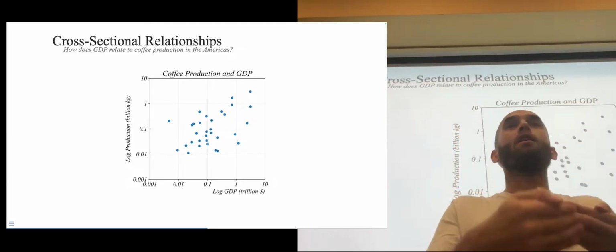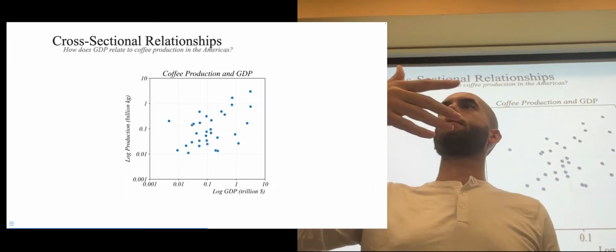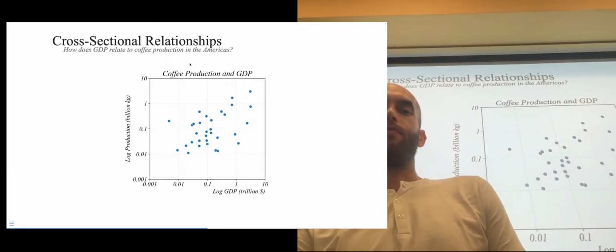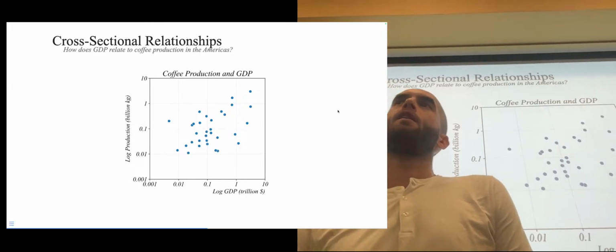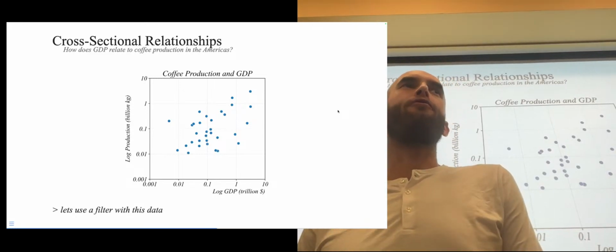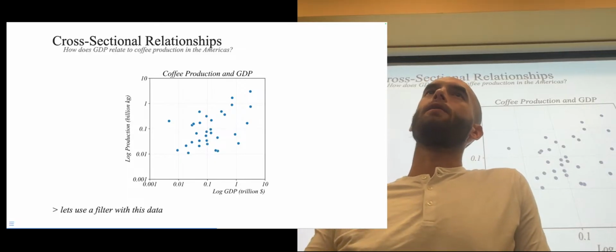In addition to making transformations of variables, we can also perform subsets. It looks like there's a positive relationship for all of the countries, but is it true for the Americas? So what I'm going to do is take a subset by filtering countries based on their location.